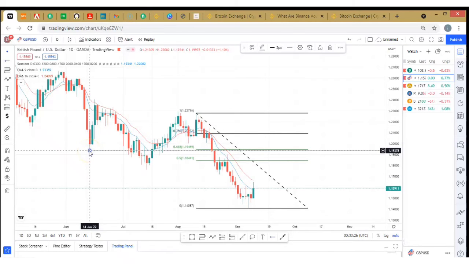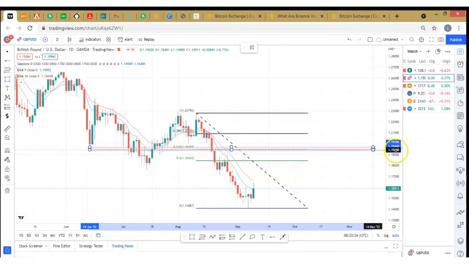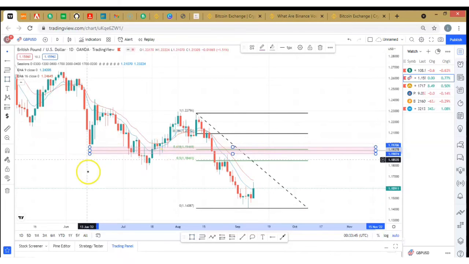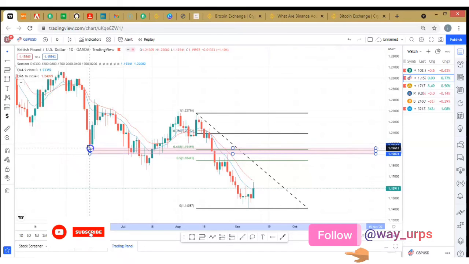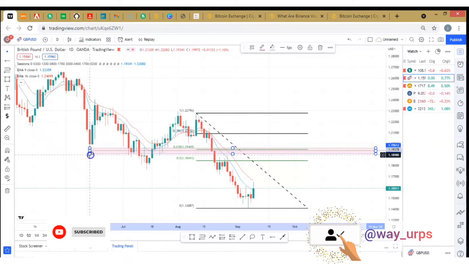So being this zone, I want to draw an area around it. I like to draw areas around the zone and just make it look good. But this is not the reason why you win a trade. It could look as good as possible, but you still lose the trade.